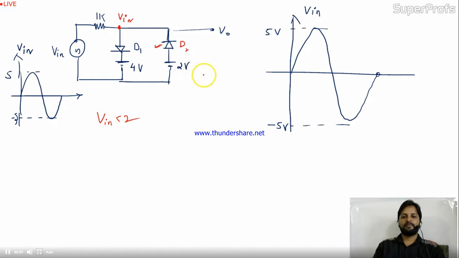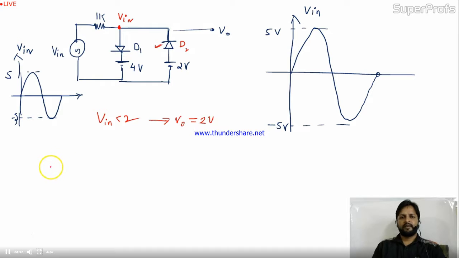Why 2? Because the minimum voltage is 2, so I can check D2. What is the status of D2? If V in is less than 2, diode D2 will conduct. If diode D2 conducts, it is a short circuit, so at the output you directly get 2 volt.